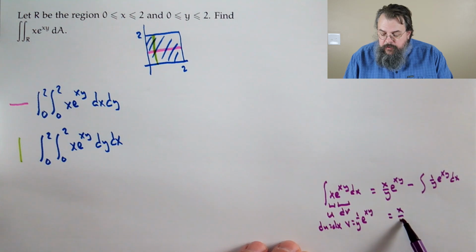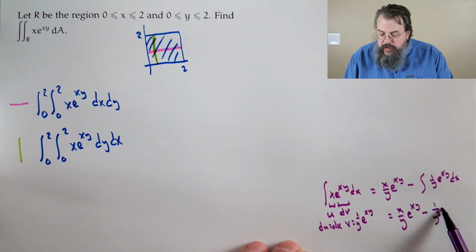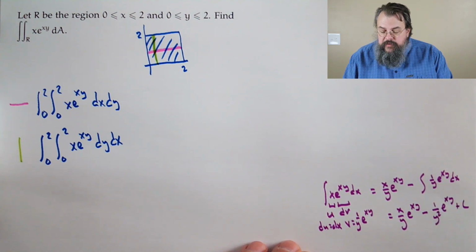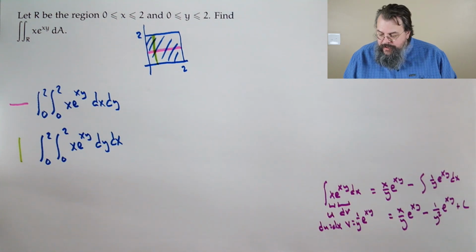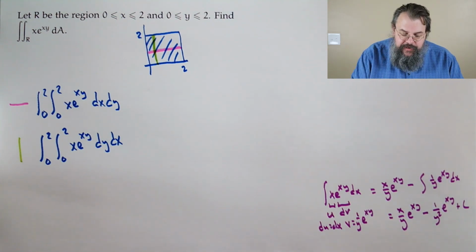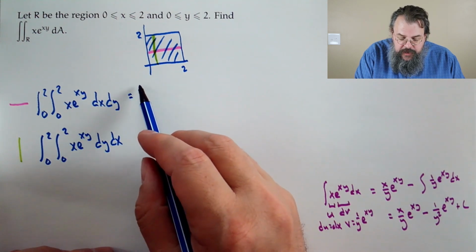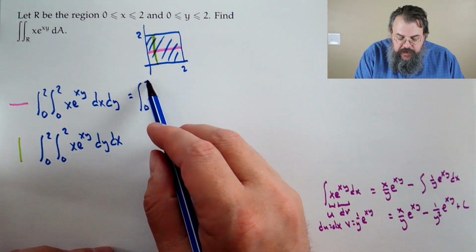So that's x over y e to the xy minus 1 over y squared e to the xy plus c.